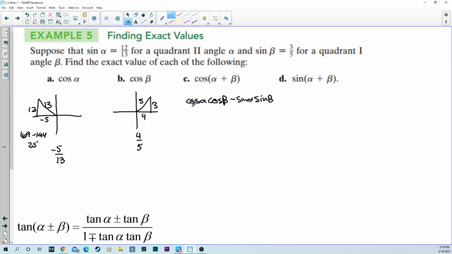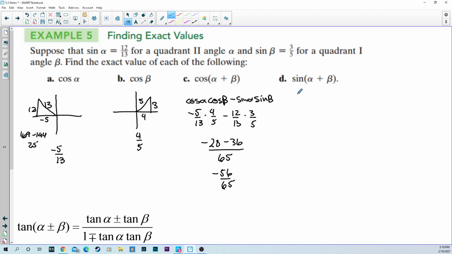So the cosine of alpha is negative 5/13. Cosine of beta, we just found out, is 4/5. Minus sine of alpha is 12/13. And the sine of beta is 3/5. So that's negative 20 minus 36 over 65, which is negative 56 over 65. So that's the cosine of alpha plus beta.